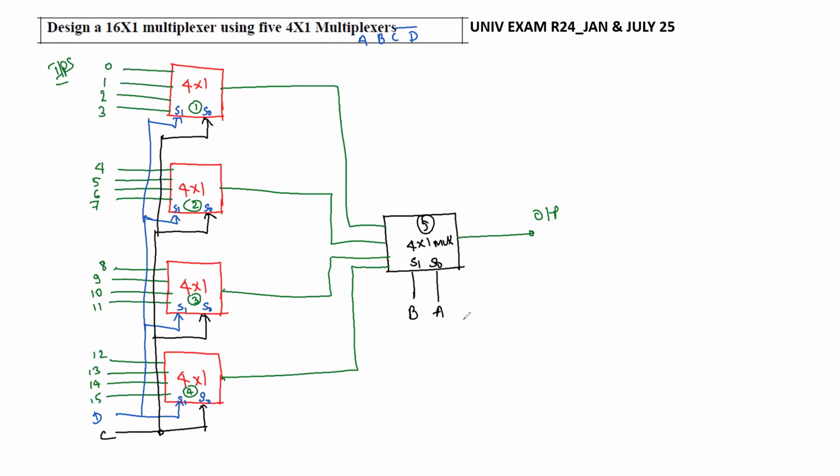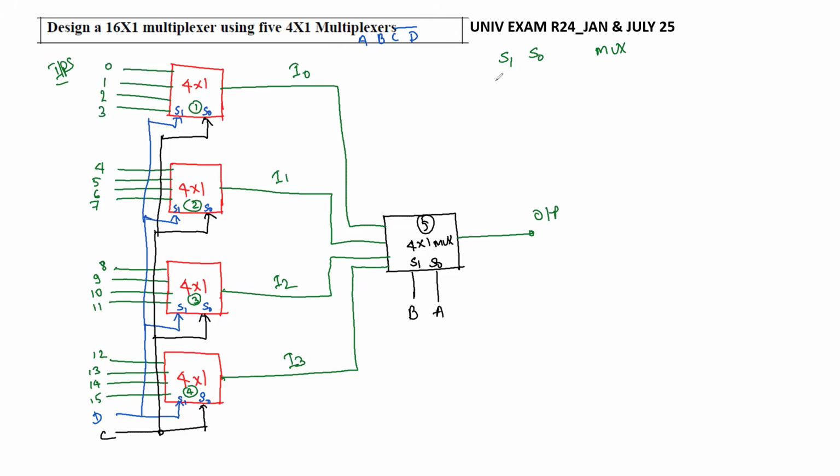So here, for the operation, suppose here I0, I1, I2, I3. You know about this selection line. When we have S0, S1, which multiplexer will give the output here?